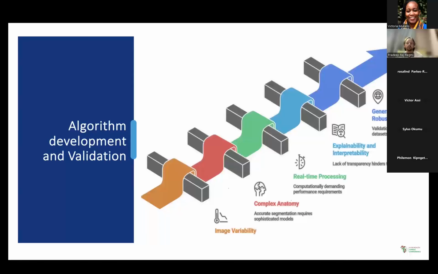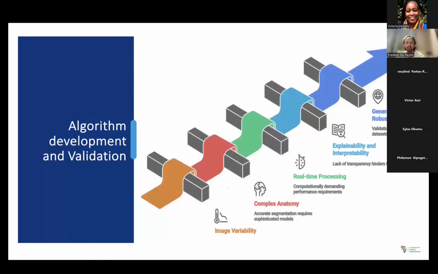Another challenge would be algorithm development and validation. All the images are variable. Not every image can be the same all the time. There is complex anatomy, so accurate segmentation requires sophisticated models to detect things like complex congenital heart disease.